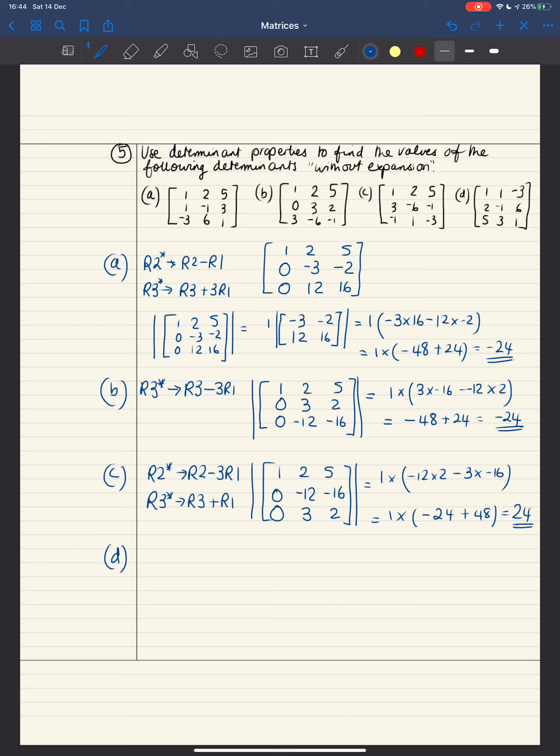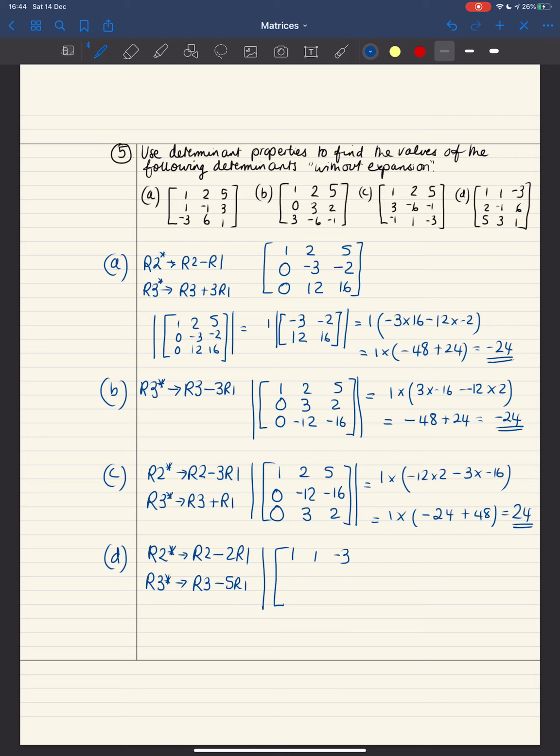The last one, with the top row's fine. The second row, we'll do the new row 2 becomes the old row 2 minus 2 row 1, and the new row 3 can become the old row 3 minus 5 row 1. I want the determinant of that.